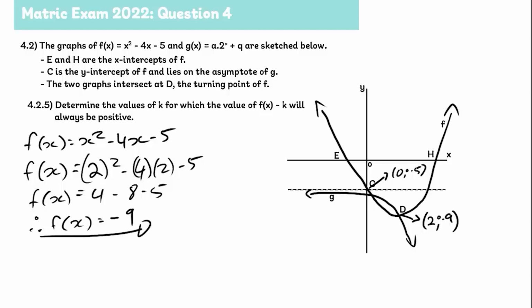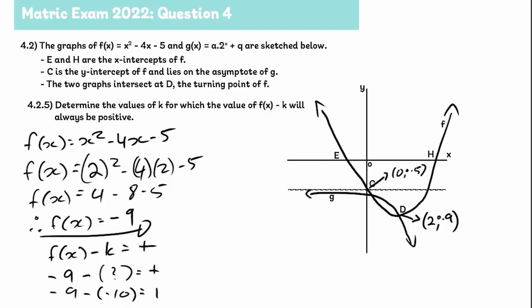Now we have to prove what they're asking. They want f(x) minus k to be a positive value. We know that f(x) is minus 9. There's a minus, and then some value to always make this a positive outcome. If we look, we can go minus 9 minus 10, and that will equal a positive value, which is 1.